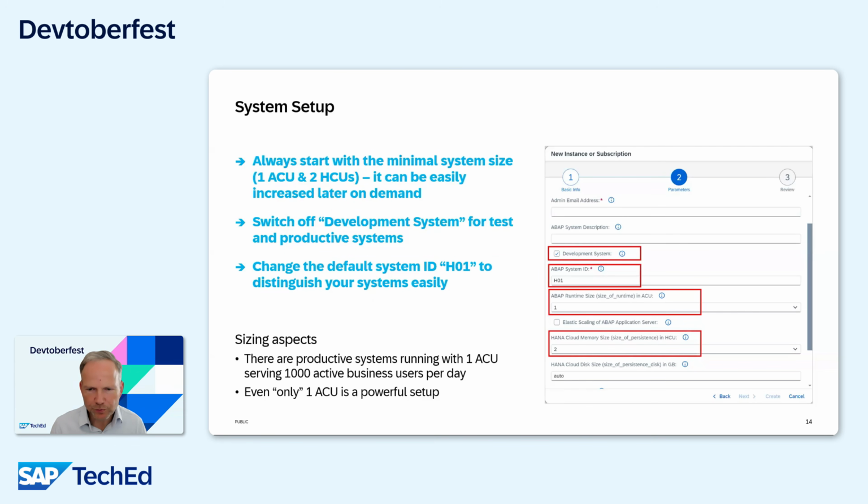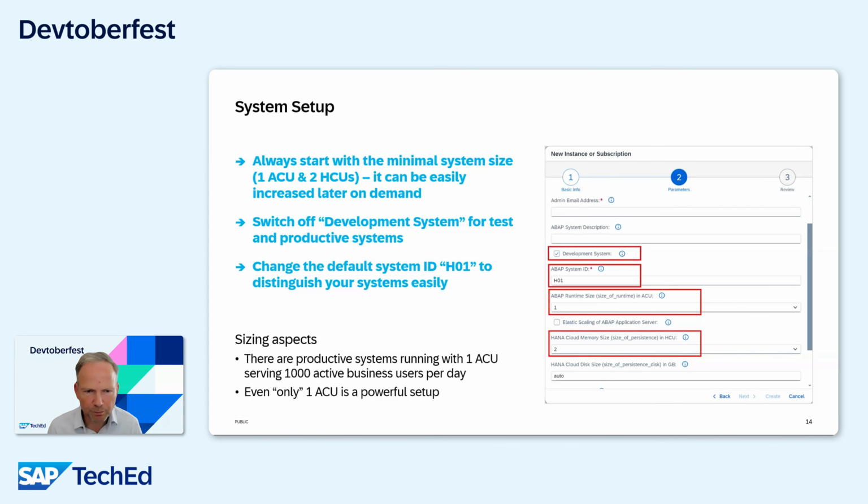All right, so with regard to the setup of one single Steampunk system, the recommendation is always start with the minimum system size, which is one ABAP compute unit plus 2 HANA compute units. Both of these two metrics, the ABAP part and the HANA database part, can be easily increased later on and even also decreased later on, also within the same BTP cockpit.